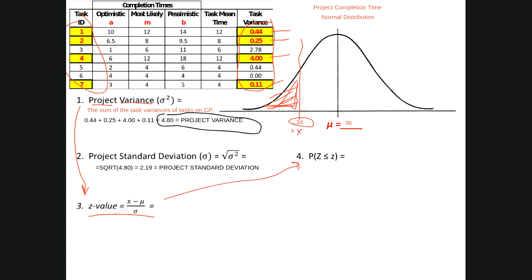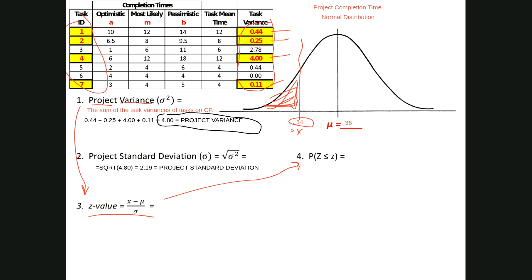That's negative 2 divided by 2.19, which is equal to negative 0.91, our z value.